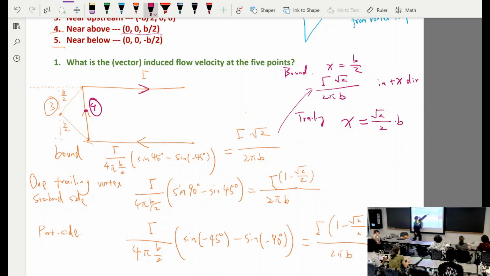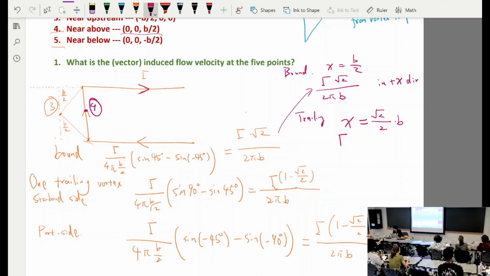It's the angle of the infinite point minus the angle of this point. The angle of the infinite point is 90 degrees. The angle of this point: remember this is the closest point on that vortex, so it is 0. So I have sine of 90 degrees minus sine of 0, which is of course 1.